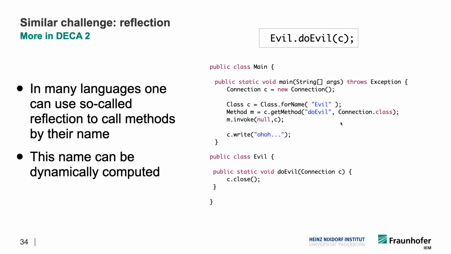And again, through some special casing, it's entirely possible to tell a static analysis how to deal with such reflective calls. So we have an implementation in Soot, in fact, that could tell you that this class here, it's not just any class, but looking at the string, it's the class Evil. And therefore, this method that is being called here, it's not just any method, but it's actually this doEvil method here.